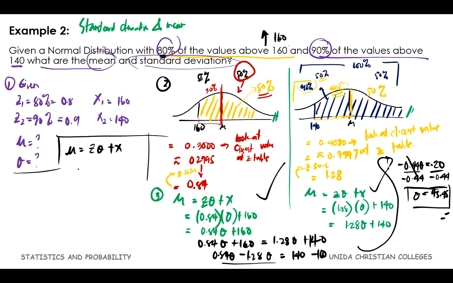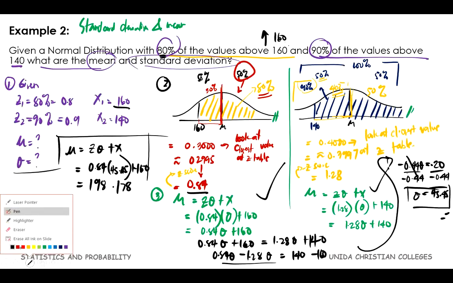So, our mu, our z is 0.84 times our standard deviation is 45.45 plus our x score is 160. Pag pinerform yung operation na yan, class, you will get 198.178.